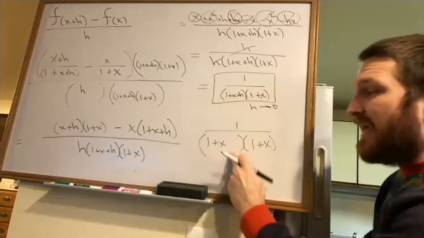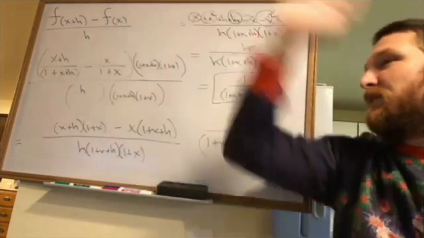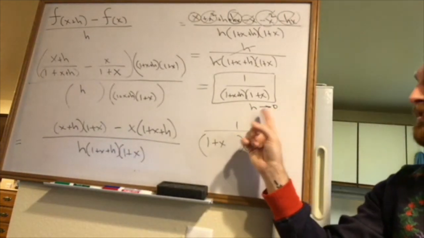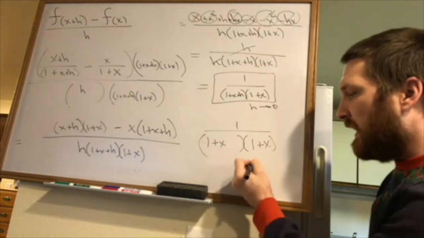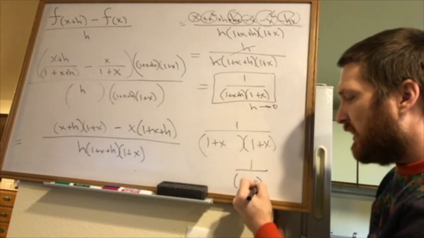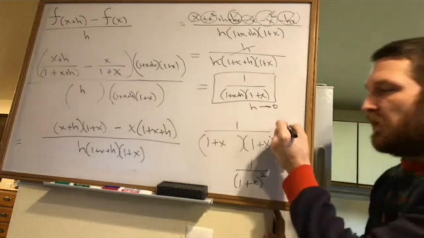And I don't have that pesky problem of having a 0 in my denominator, which means junk. Now I can substitute h equals 0, and I get 1 over 1 plus x, that quantity squared right there. Or we could leave it like this, that's fine.